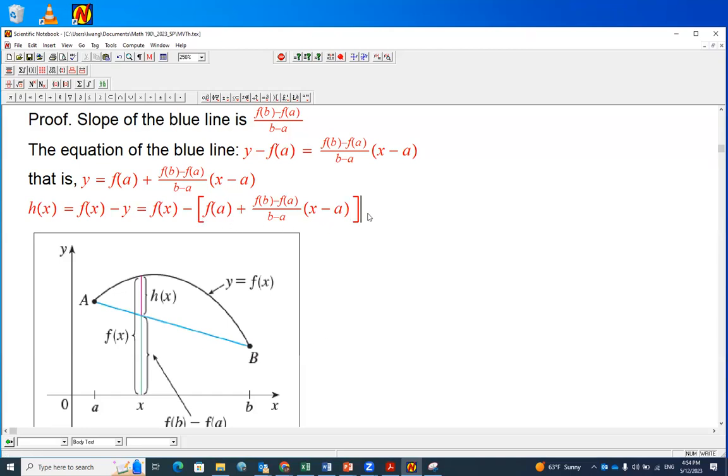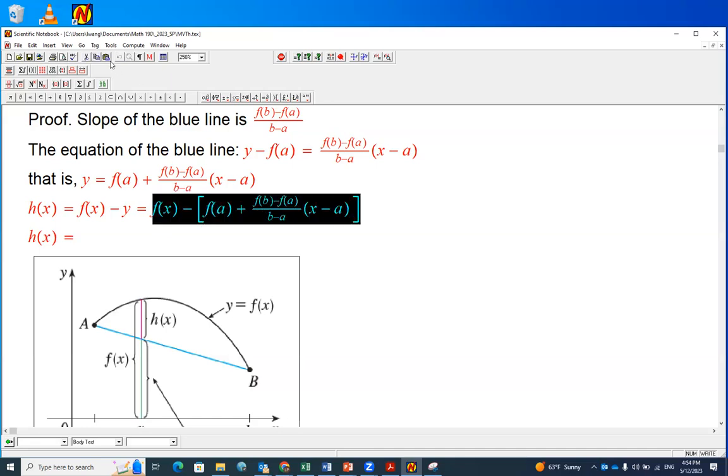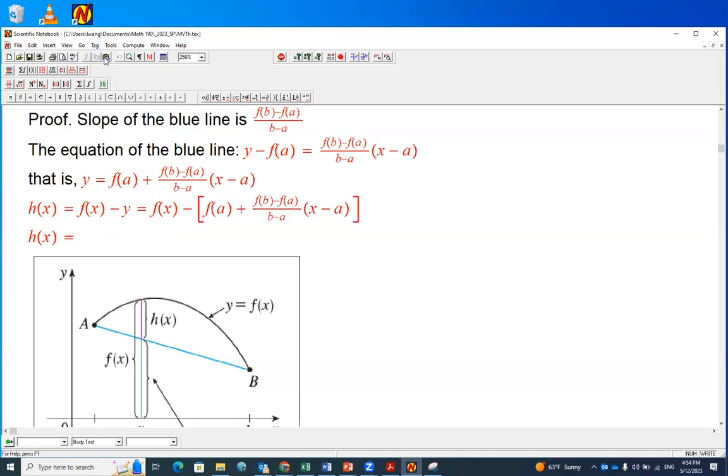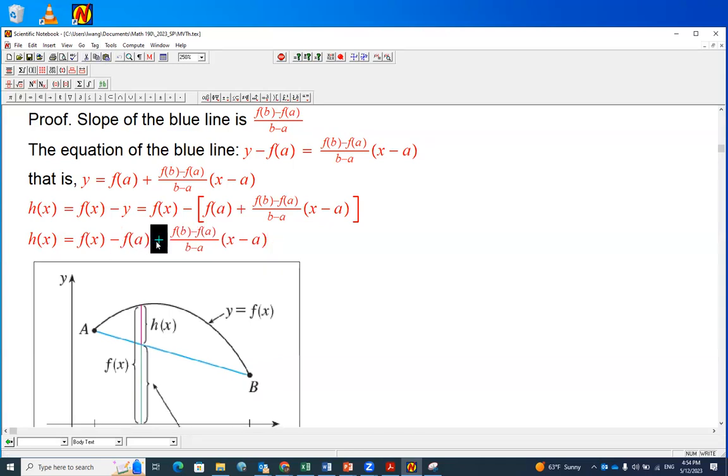If I open the bracket, h of x would be equal to f of x minus f of a and minus the second part. Okay, so this is h of x.